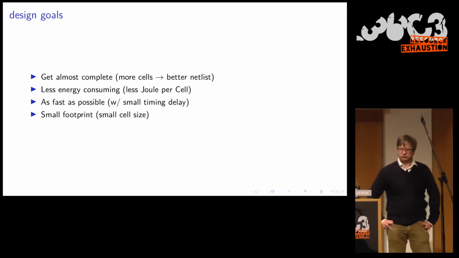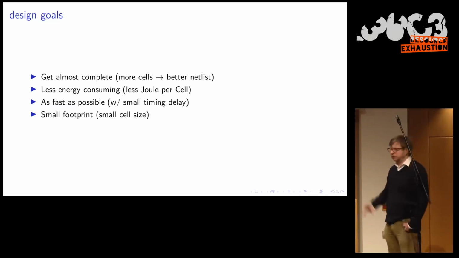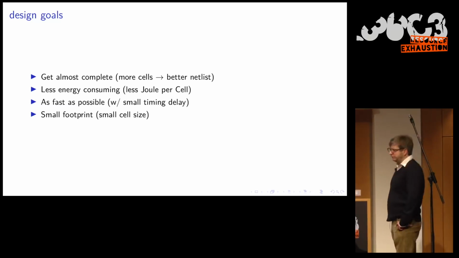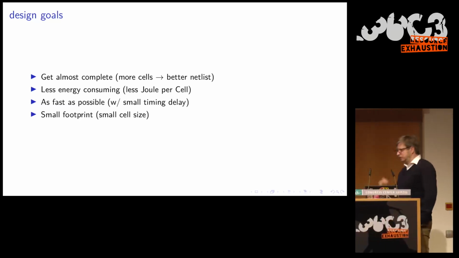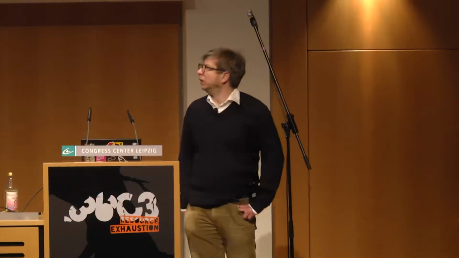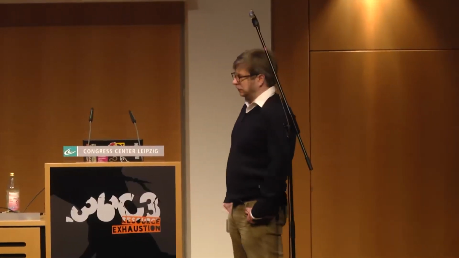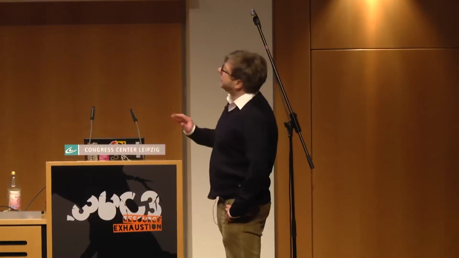Commercial libraries have between 150 and 200 cells. For instance, they contain more logic to test them.